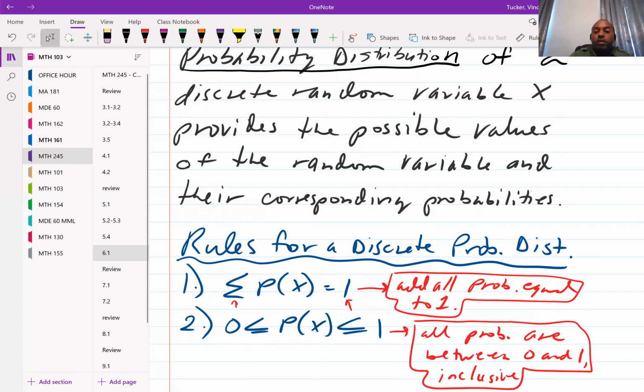All right, good. So remember, those two rules have to be in play for you to have a discrete probability distribution. Okay.